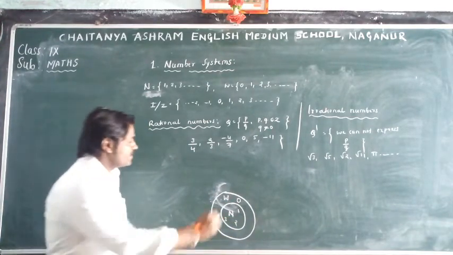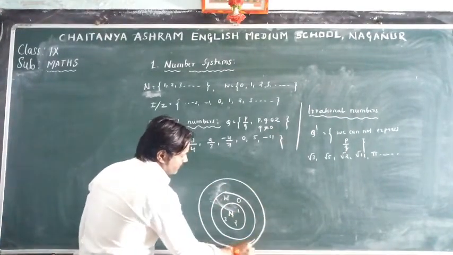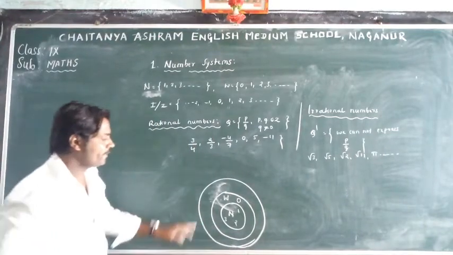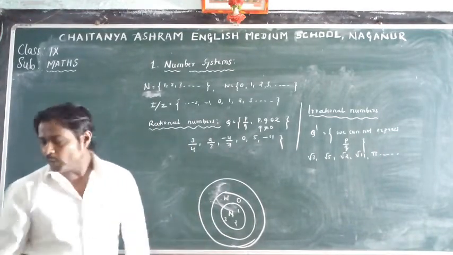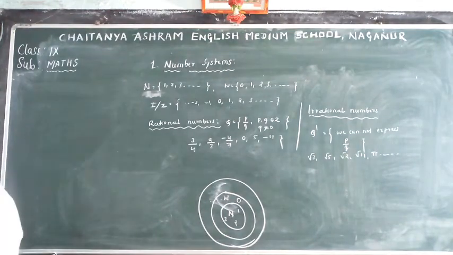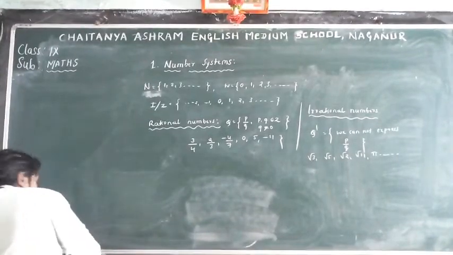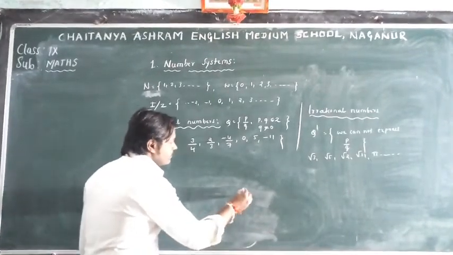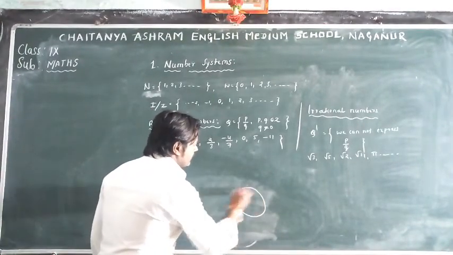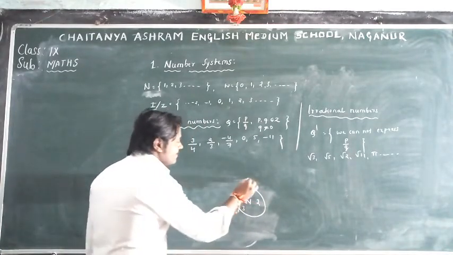Clear? Then see, this is the set of natural numbers, counting numbers.